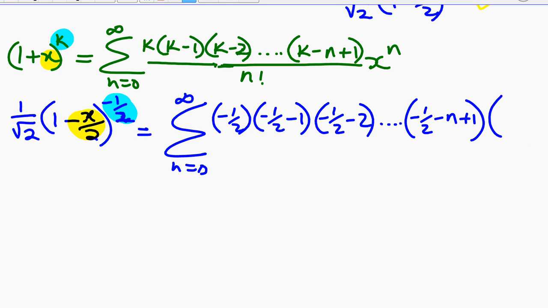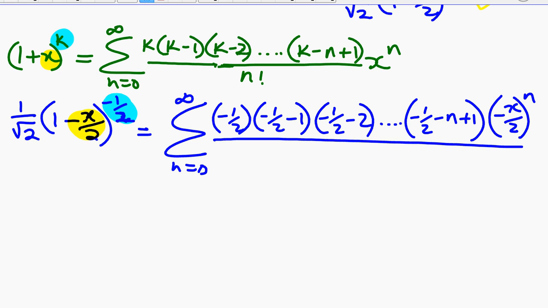So instead of x, I can just write negative x over 2. That's what you're replacing x with, to the power n. All this over n factorial.